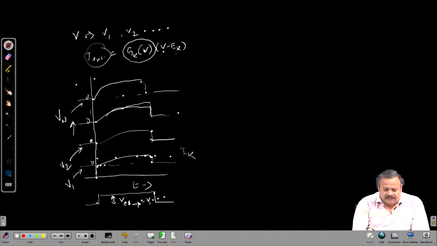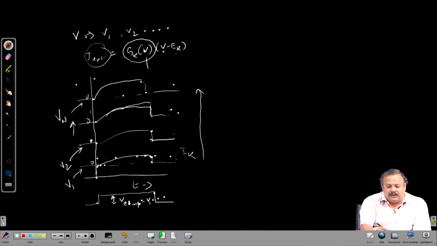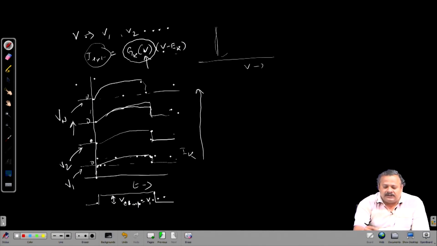As you can see, first of all, with increasing voltage, V1, V2, V3, V4, the largest value of the potassium current, and hence the conductance at that voltage, keeps on increasing, and then saturates at a particular value.